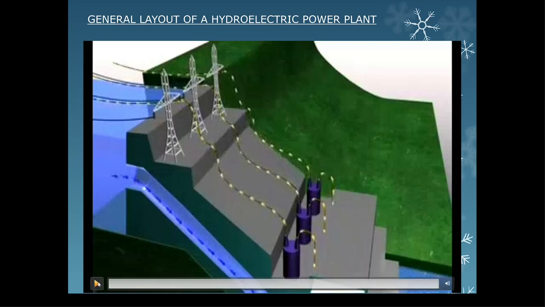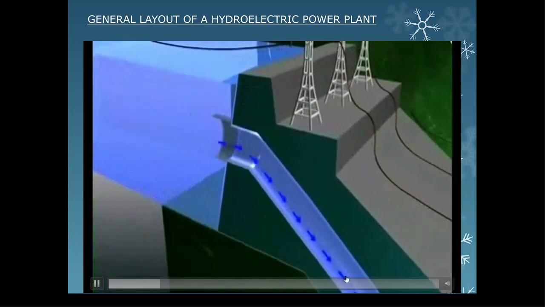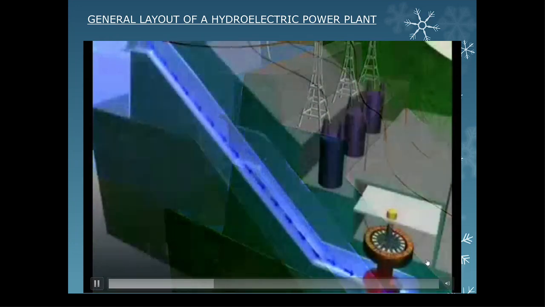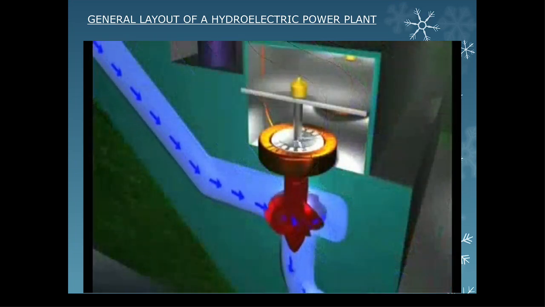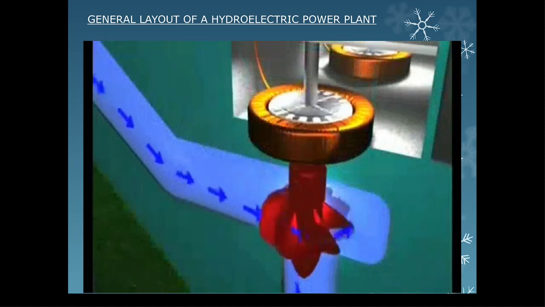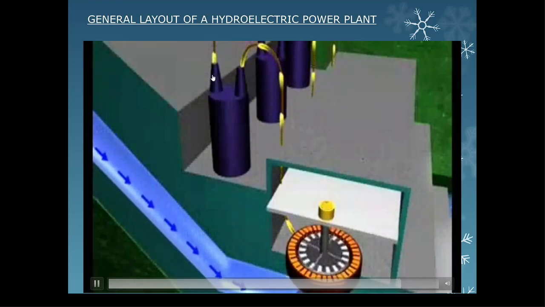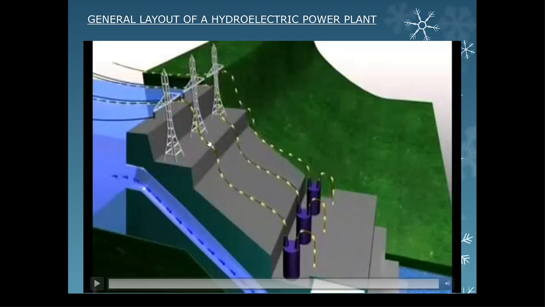You can see here once again how the water flows down, moving the turbine, which is connected to the generator, and how the generator produces electricity and distributes it through the transmission line. So this is the general layout of a hydroelectric plant.